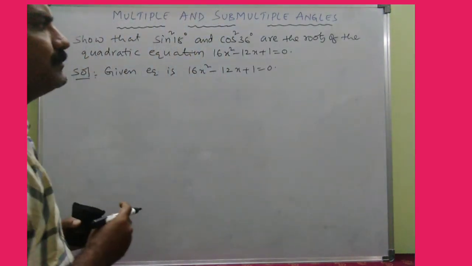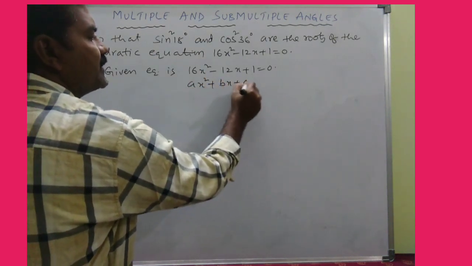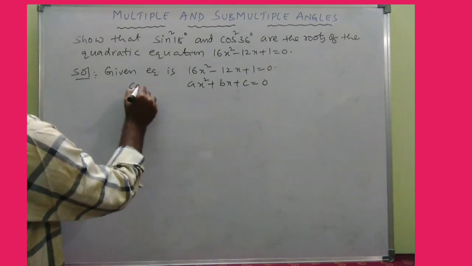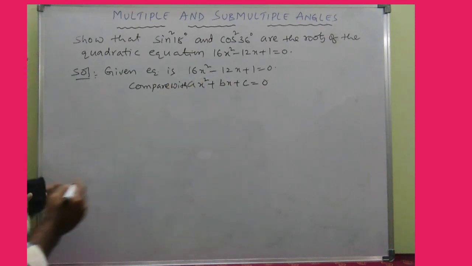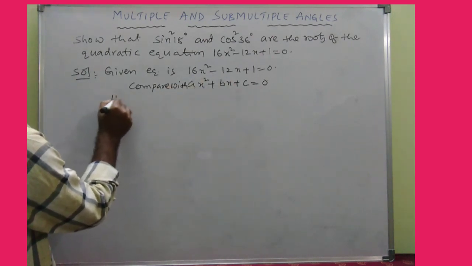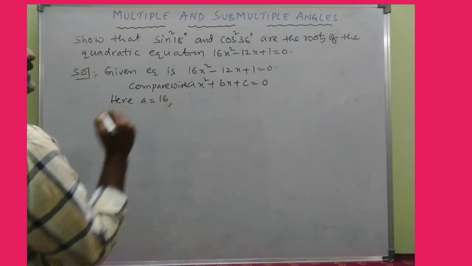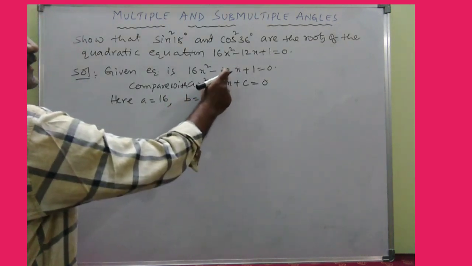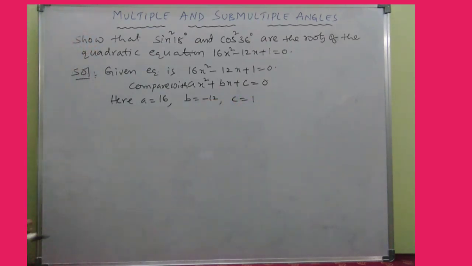So that's why do one thing, go with the formula. You can compare this with the standard form of a quadratic equation, that is ax square plus bx plus c is equal to 0. Hence the value of a is nothing but the coefficient of x square, which is 16, b is the coefficient of x, minus 12, and c value is 1.